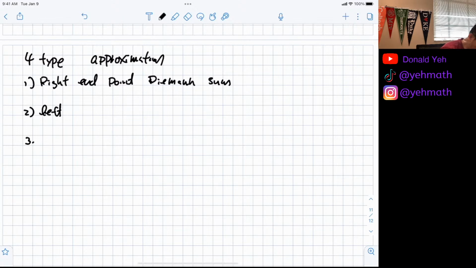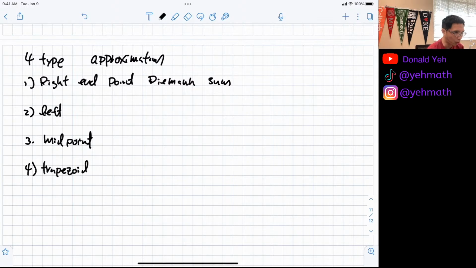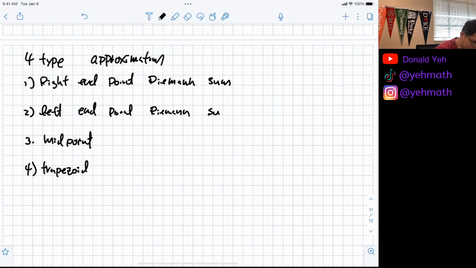The third one is called midpoint, and the fourth one is called trapezoid. Okay, so there are 4 approximations: left endpoint Riemann sum, right endpoint Riemann sum, the midpoint rule, and the trapezoid rule. So they are approximations.